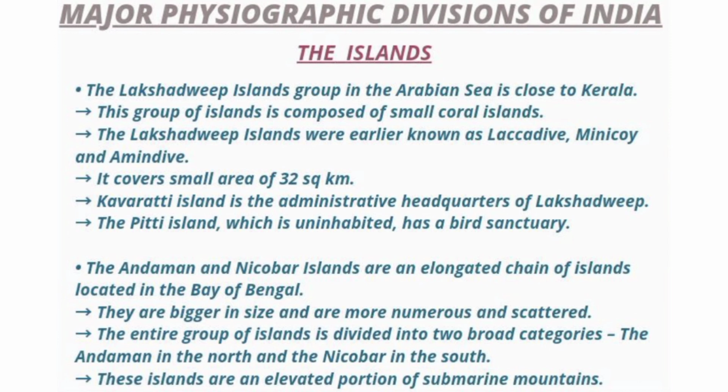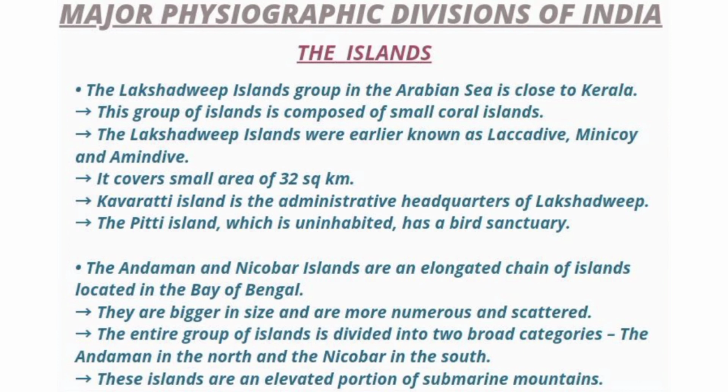It covers a small area of 32 square kilometers. Kavaratti Island is the administrative headquarters of Lakshadweep. The Pitti Island, which is uninhabited, has a bird sanctuary, and it is known as Pakshi Pitti.